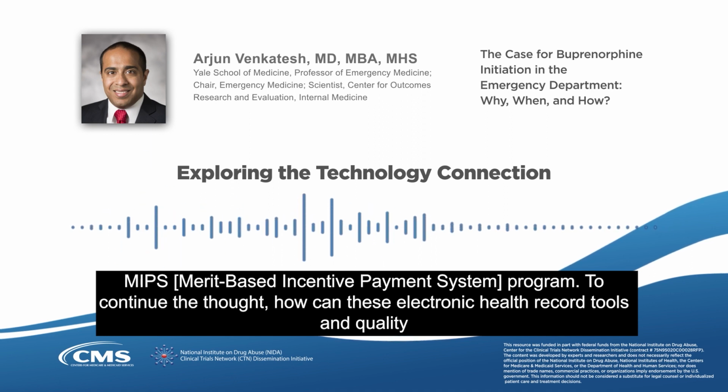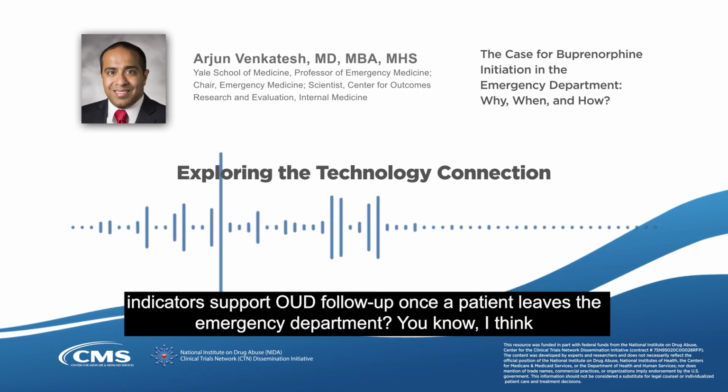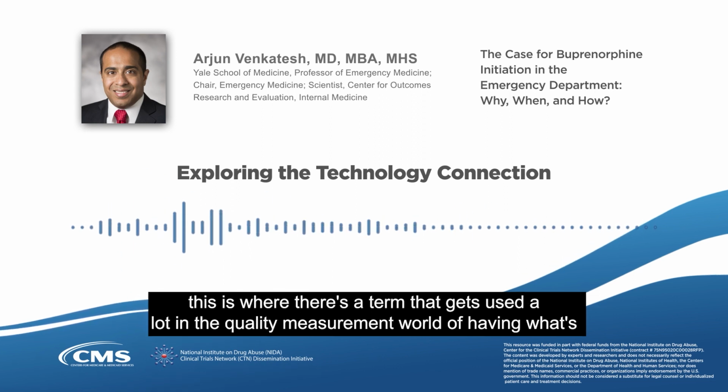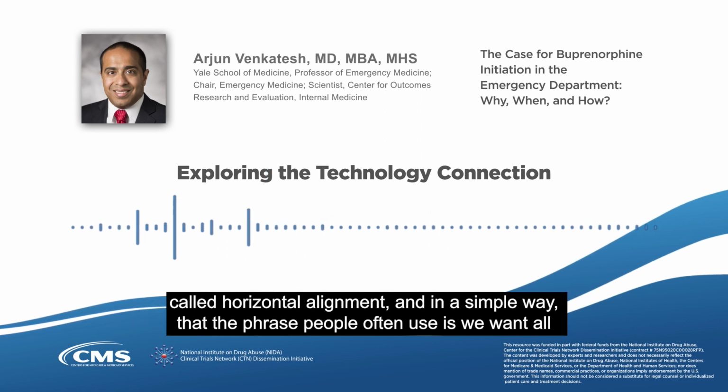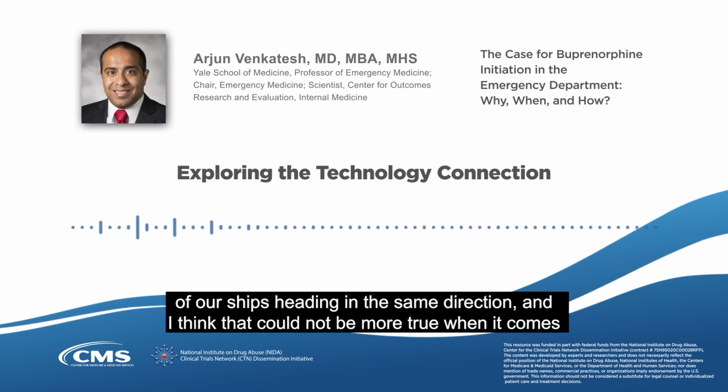To continue the thought, how can these electronic health record tools and quality indicators support OUD follow-up once a patient leaves the emergency department? I think this is where there's a term that gets used a lot in the quality measurement world of having what's called horizontal alignment. In a simple way, the phrase people often use is we want all of our ships heading in the same direction.